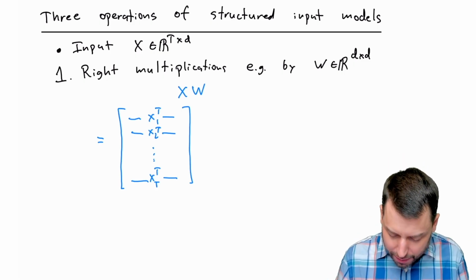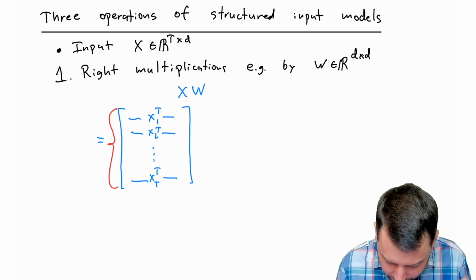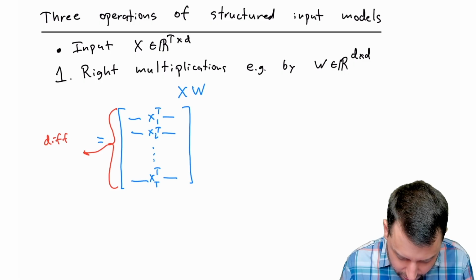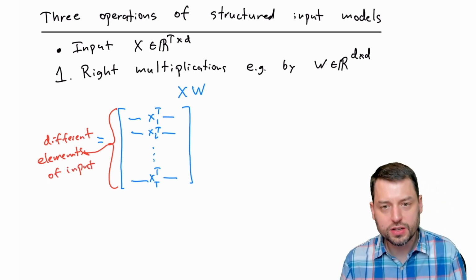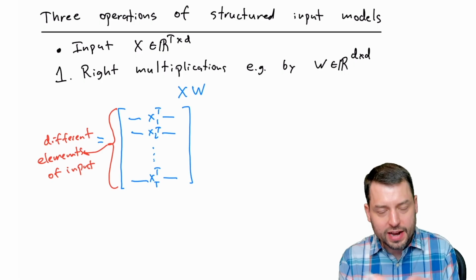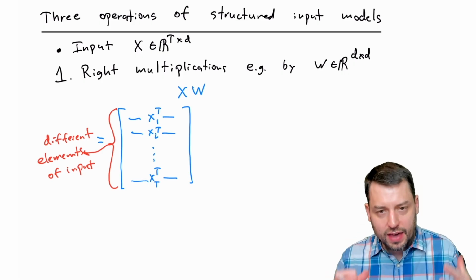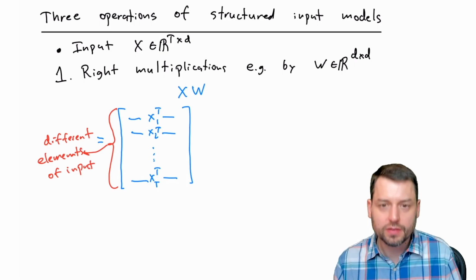Each row here is a different element of the input. So the first might be the first word, the next might be the next word, but again, as a matrix, it captures the different elements of our structured input.